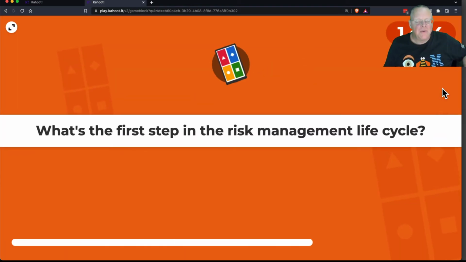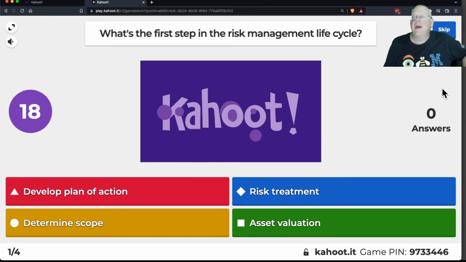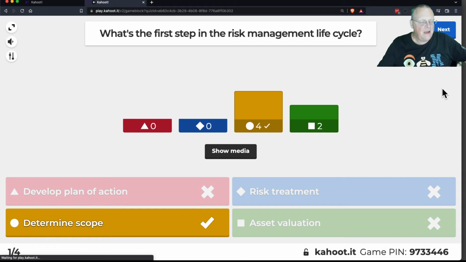All right, so what's the first step in risk management? Yep, you start by determining the scope. What part of your company is going to be affected by the program?